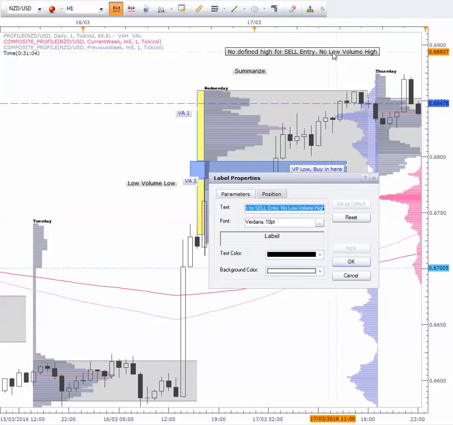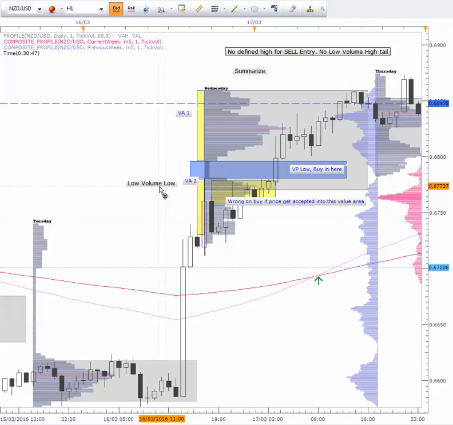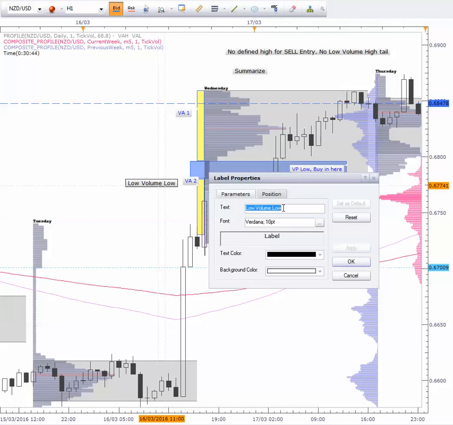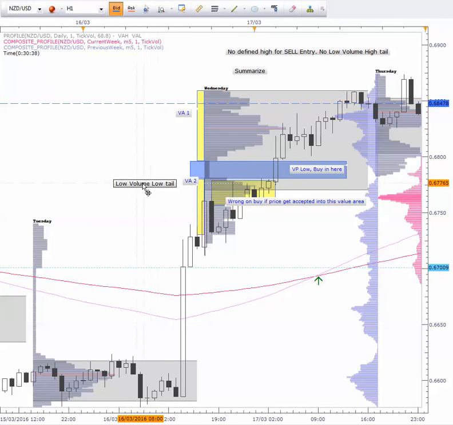No low volume, no low volume tail, high tail, and here I've got a low volume low tail. Got it here.